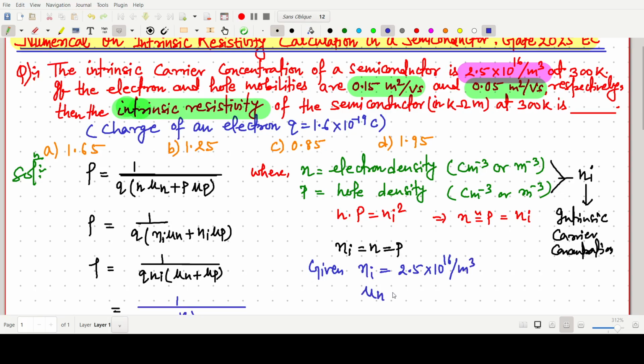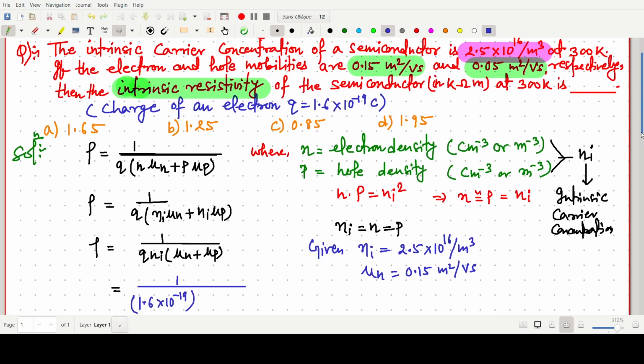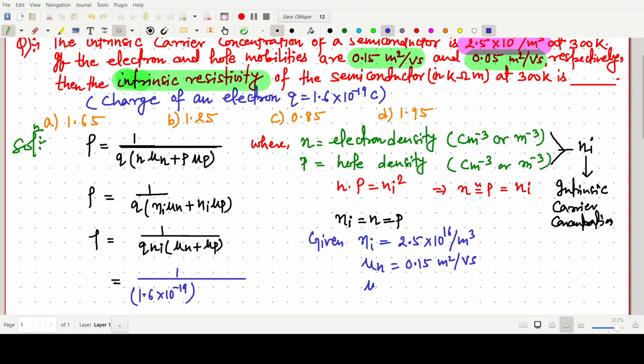The mu n value is given as 0.15 meter square per volt second, and mu p is 0.05 meter square per volt second. These three things are given.